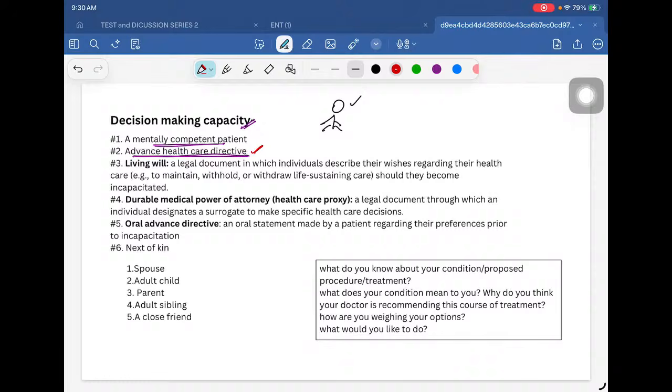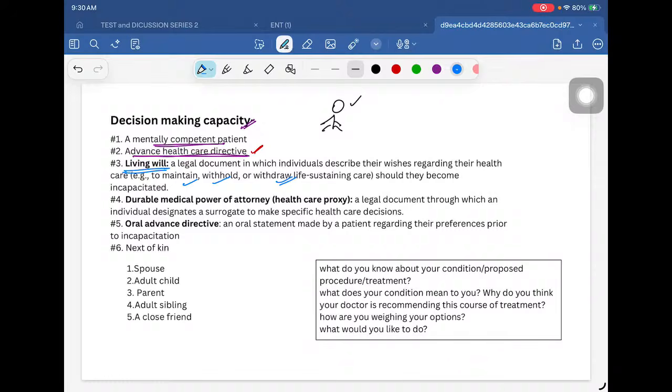If they haven't written anything, then the third preference is a living will, which is a legal document in which individuals describe their wishes regarding healthcare, whether to withhold, maintain or withdraw life-sustaining care, if they are incapacitated. If they have this sort of legal will, that is also fine. You see whatever the patient has written and proceed with it.